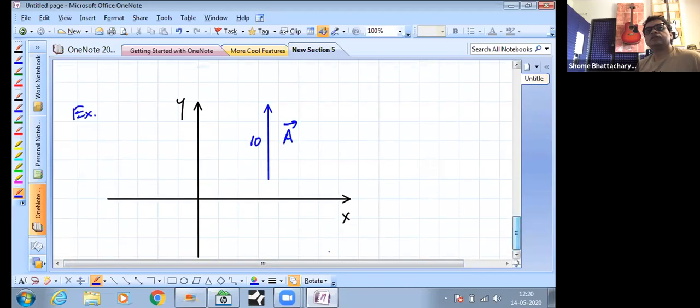Then we have a vector B which is, let us say, like this. And suppose we have a vector C which is like this.